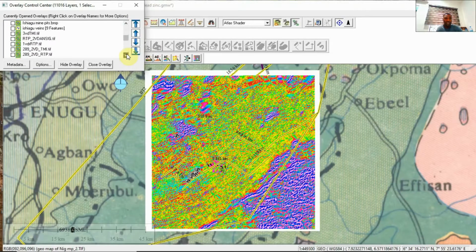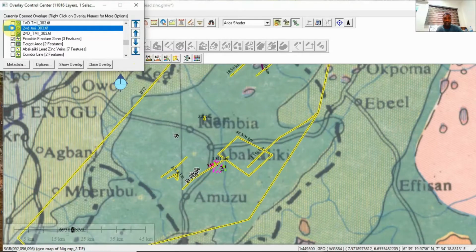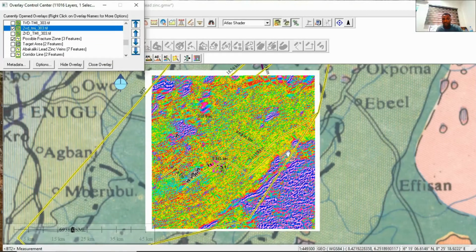Let's remove this. You can see this is the boundary. So this is actually showing the boundary here.